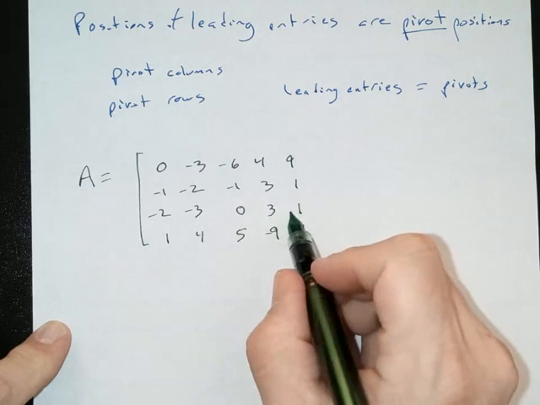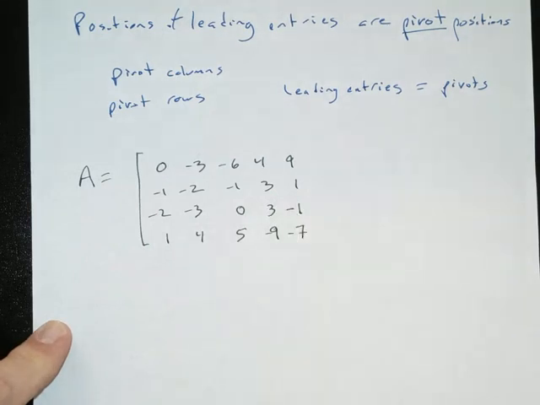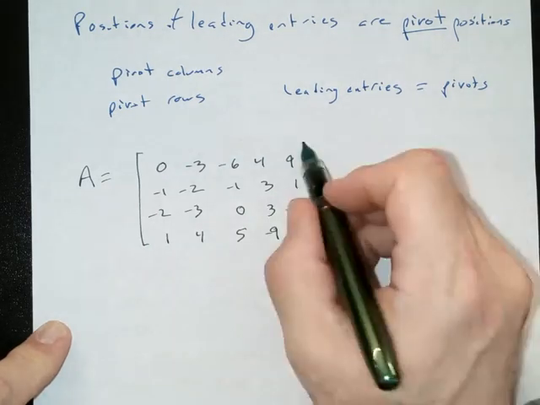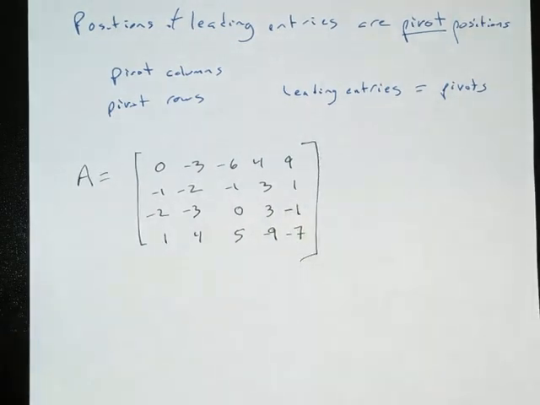Oh, that 1 on the end of the third row should also be a negative. Catch that. There.